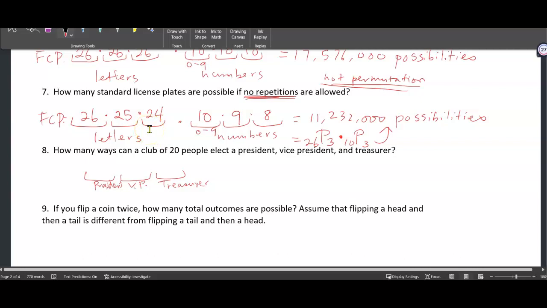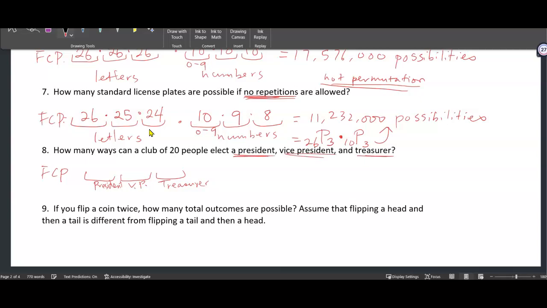Okay, and number 8, again, we can see it as fundamental counting principle, because order does matter when they involve the labelings or the titles here, right? You have 3 positions that have titles, and so you have 20 people to choose from to be president, but after you choose the president, you have only 19 people left to choose to be the VP, because you can't choose the same person again, and 18, right?